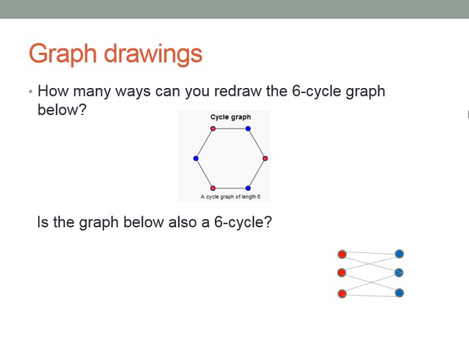So the question is, are these 2 the same? So we'll save the answer to this for our discussion board. You can review this page and see if you think these are the same graph or if they're a different graph.